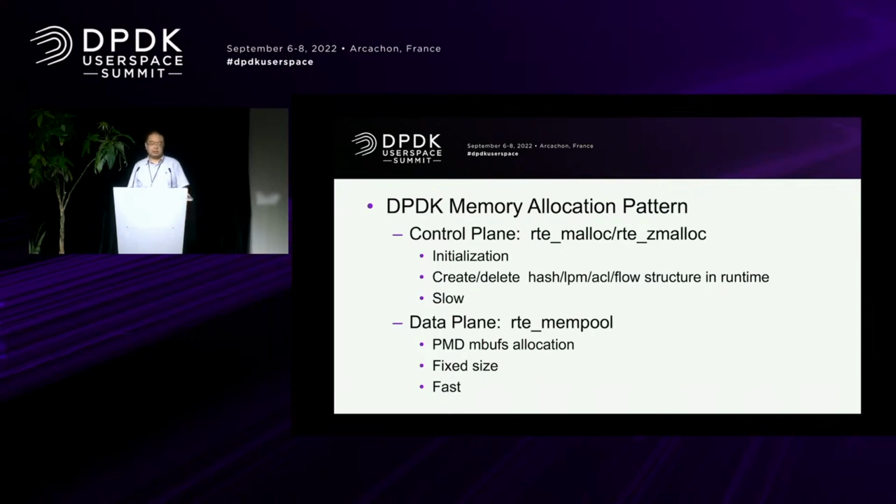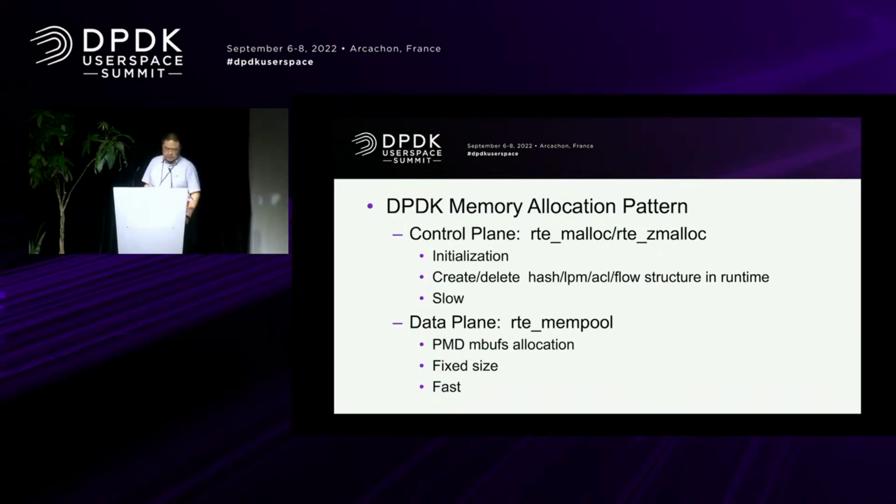So in the data path, traditionally we use the rte_mempool. The main usage for this is for the PMD. The PMD will do the mbuf allocation and free, etc. That's a fixed size pool, and that's really fast. I will describe the details a little bit later.